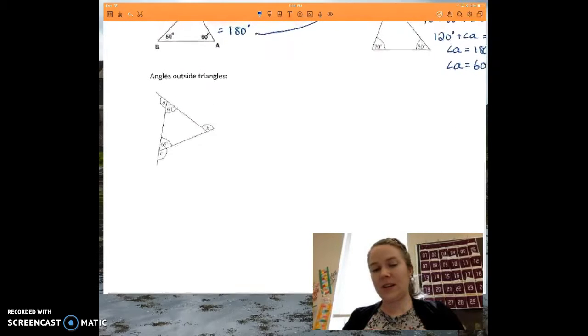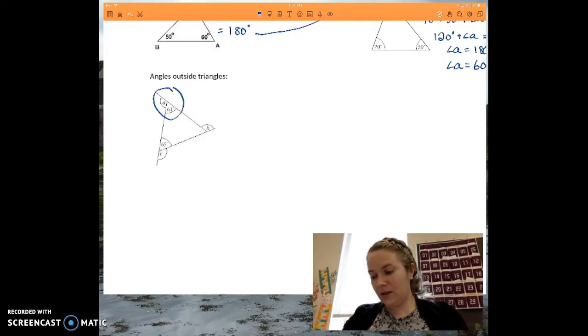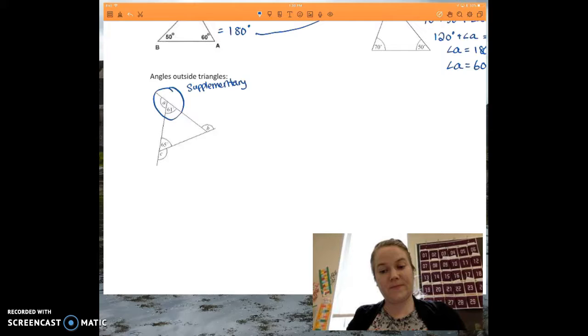So the next thing is, what about the angles outside of triangles? What are the exterior angles? So let's work through this from first principles. If we look here, what relationship is that? Those two angles are beside each other on a straight line, so they are supplementary angles.